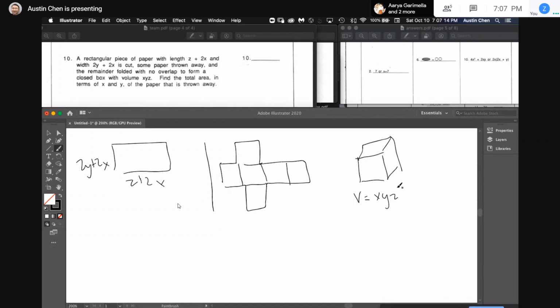Well, if the volume is XYZ, we can just, without loss of generality, say that the box has side lengths of X, Y, and Z. Well, we can assume that, but not without loss of generality. We can try that as a solution, but it doesn't have to be that the sides are X, Y, Z. Right, okay, it's not without loss of generality, but we can still try it like that.